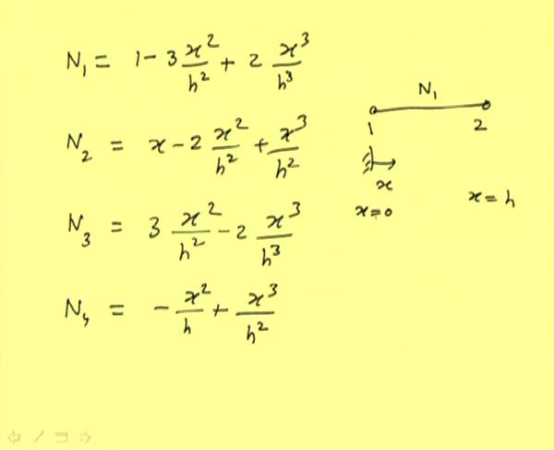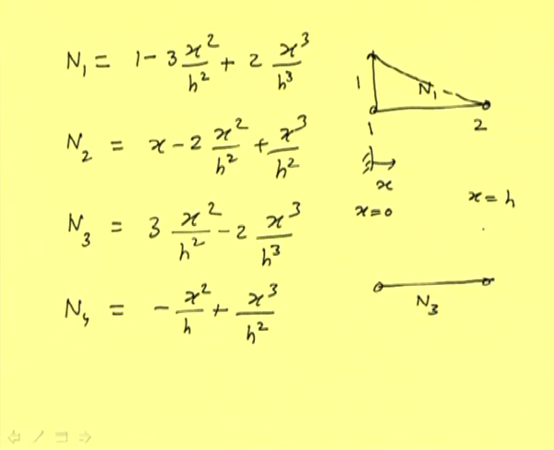So when x is equal to 0, N1 has value 1, and when x is equal to h, if we substitute here, it becomes 0, and in between it has a cubic variation. Similarly, N2, this N3, let us say N3 has the opposite property.